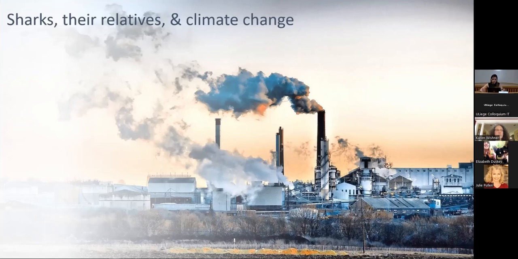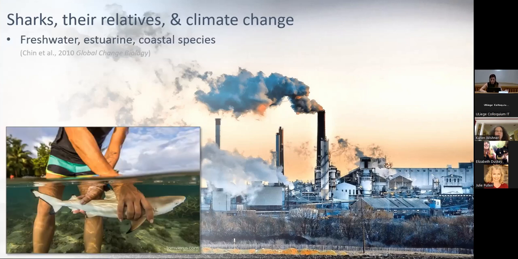So despite all of that, the first study that holistically considered the vulnerability of sharks and their relatives to climate change stressors was only just in 2010. And that was an ecological risk assessment on the Great Barrier Reef that concluded that freshwater, estuarine and coastal species were most at risk, but compared to the sheer detriment associated with fisheries, most species were pretty low risk.